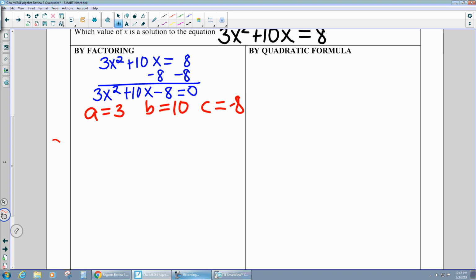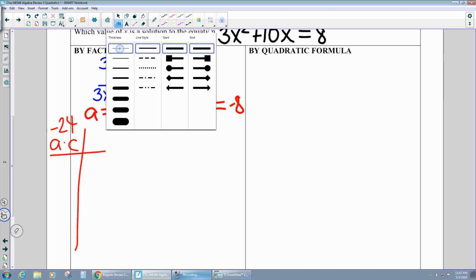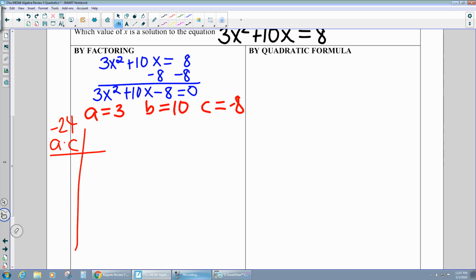So a times c is 3 times negative 8, that's negative 24, and let's start making factors of negative 24. I have 1 and negative 24. I also have negative 1 and positive 24. 2 and negative 12, or negative 2 and 12.